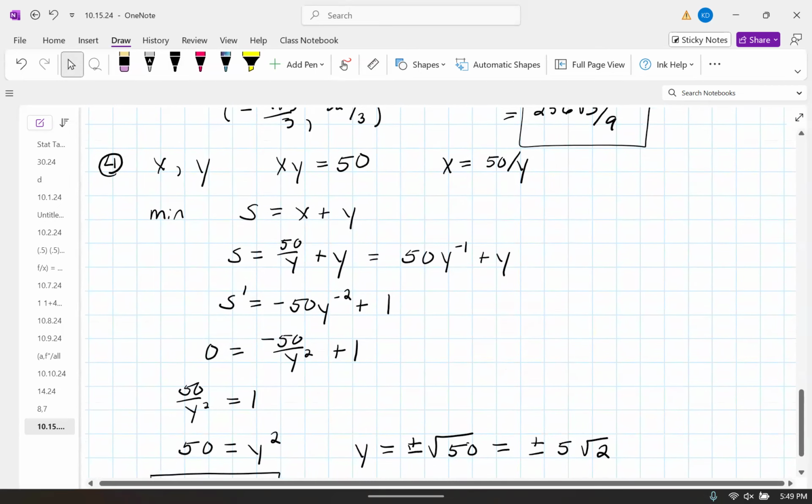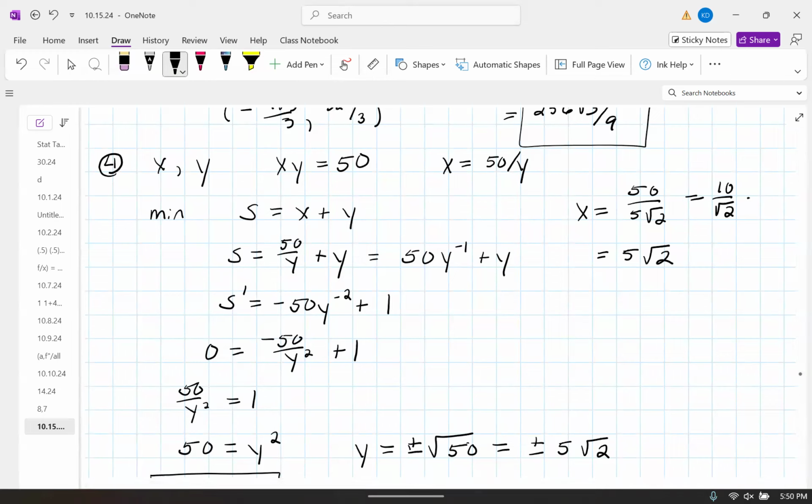What's x have to be? We're going to get 5 root 2. So that minimizes our value. It's usually going to happen that your values want to be really close together. And a lot of these things, it's either going to maximize or minimize stuff.